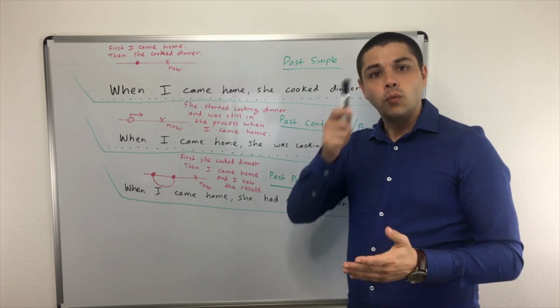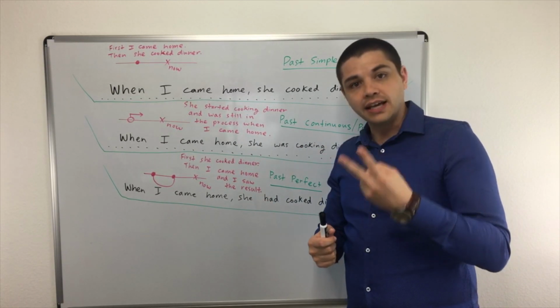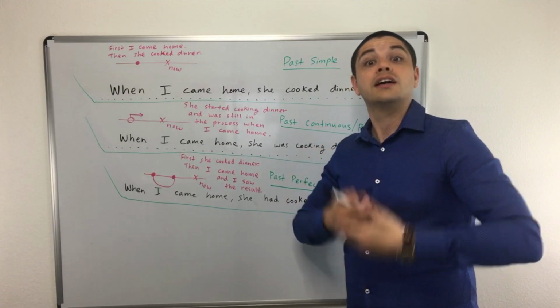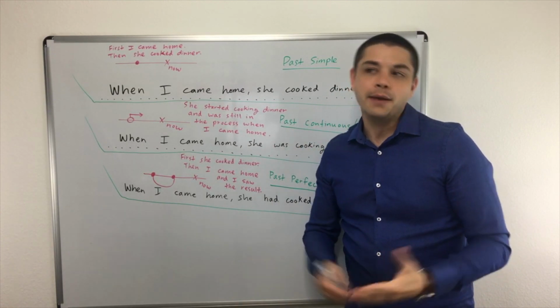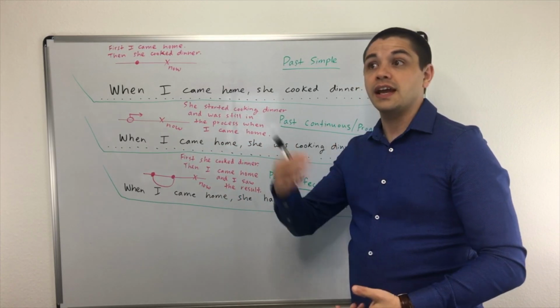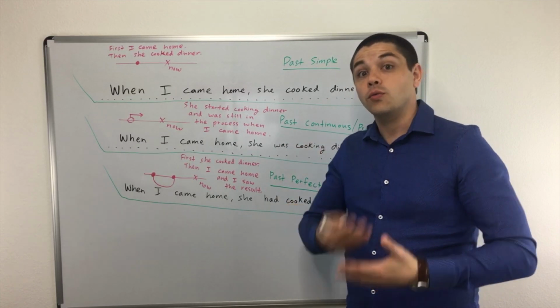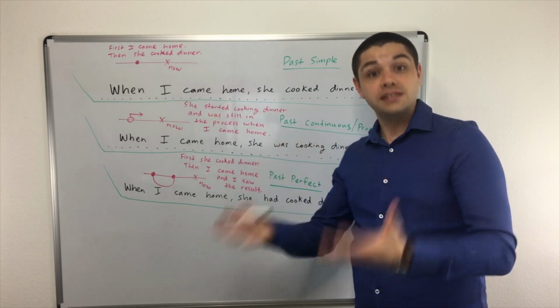Consecutive means one after the other. So for example, first, second, third, this would be consecutive. So I might say, first I woke up, then I went to work, then I ate lunch. And so in this situation, we use past simple.